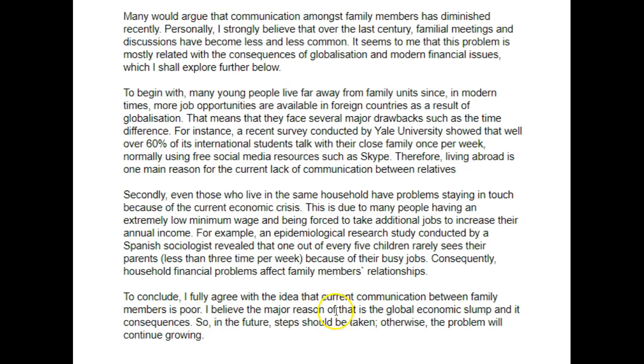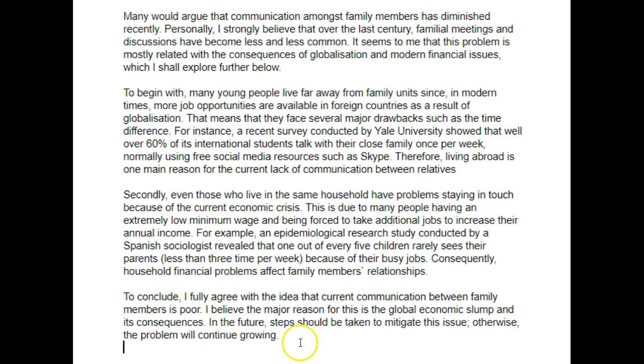I believe the major reason for this is the global economic slump and its consequences. Oh, don't start sentences with conjunctions. Let's just do, in the future, steps should be taken to mitigate this issue. Otherwise, the problem will continue growing.